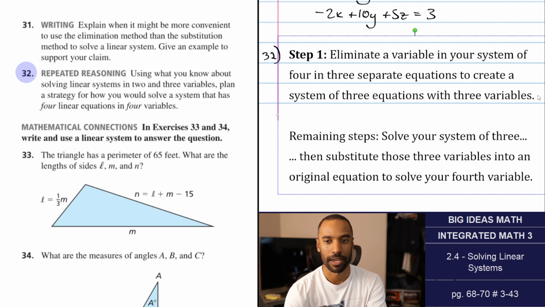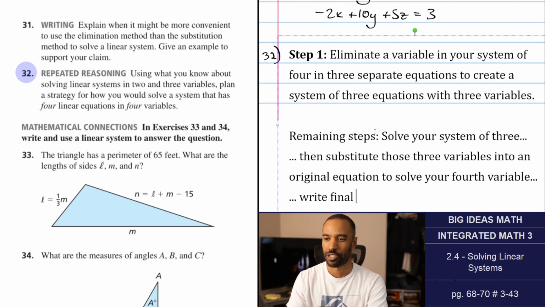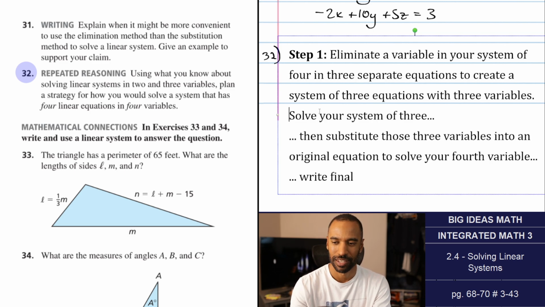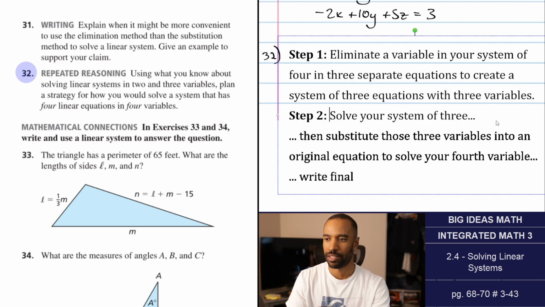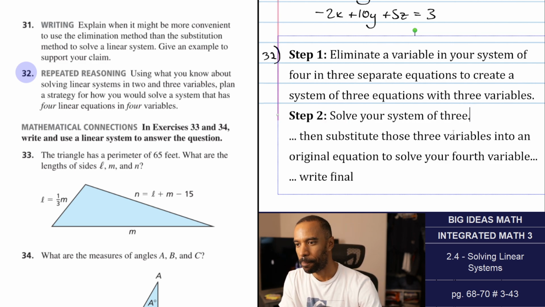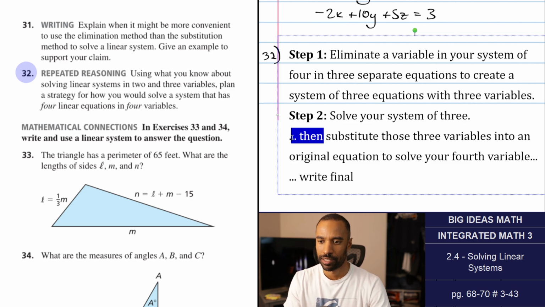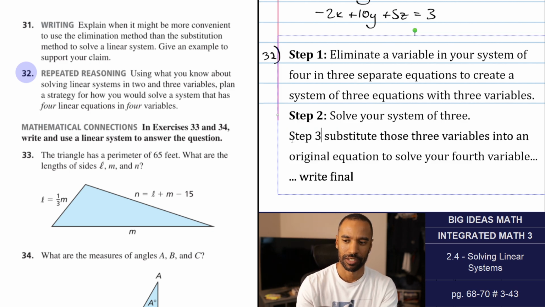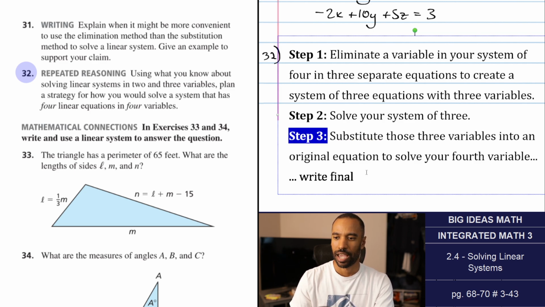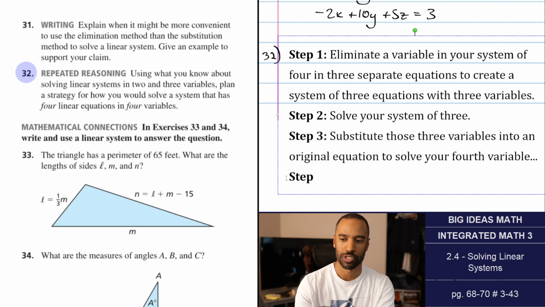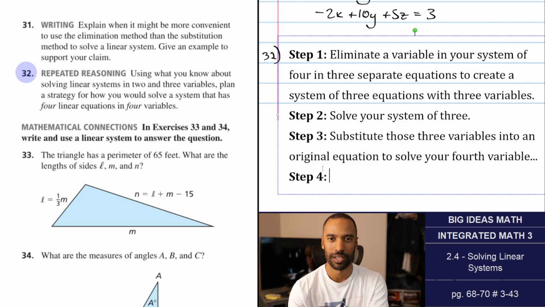And then the last step, final step, write final solution. Here, I shouldn't say remaining steps. Let's do this. Step 2, solve your system of 3, as we would, right? Step 3, sorry about that. Step 3, substitute, and then step 4, write final solution as an ordered quadruple.